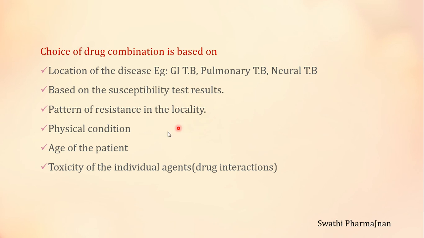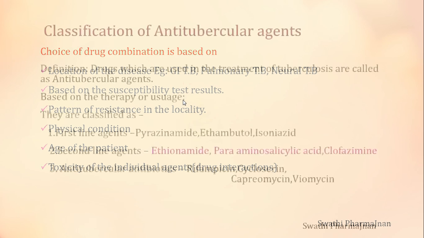Then the physical condition, age and sex of the patient, and toxicity of the individual agents. If toxicity is more for one drug, then we have to consider the other drug which is less toxic. Like that we choose the drug combination to avoid drug interactions. So these are the various points for the drug combination choice.